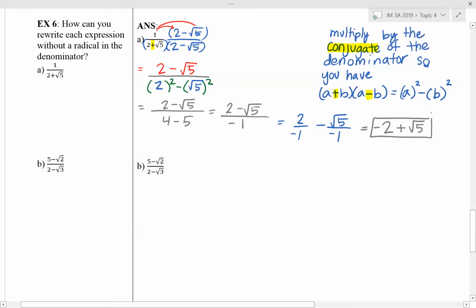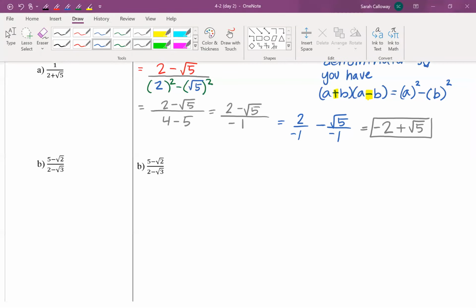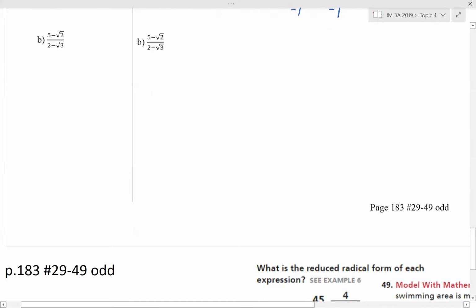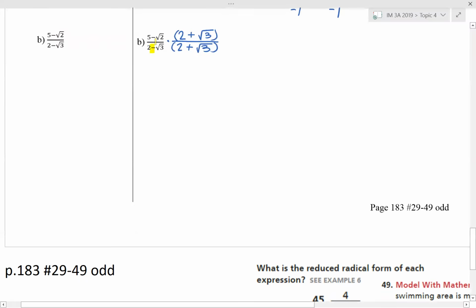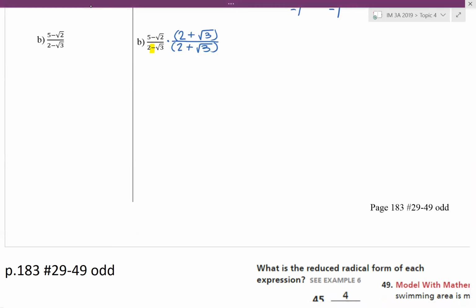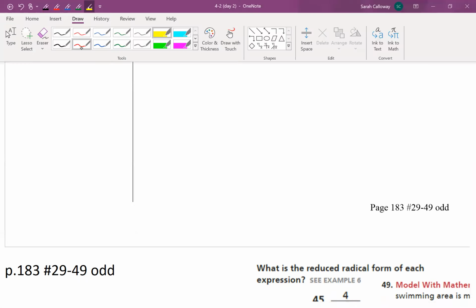In part B, our denominator is 2 minus the square root of 3. So that means that we want to multiply by its conjugate, 2 plus the square root of 3. So again, I'm just changing this sign in the middle to become a positive so that I can get that difference of squares in the denominator.